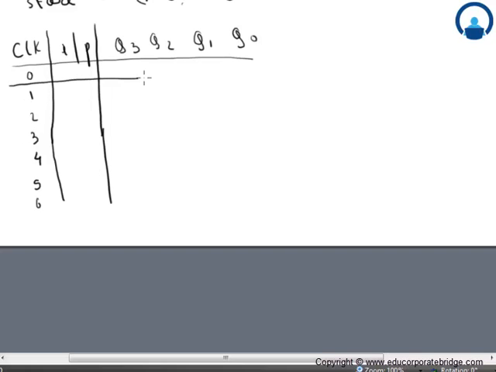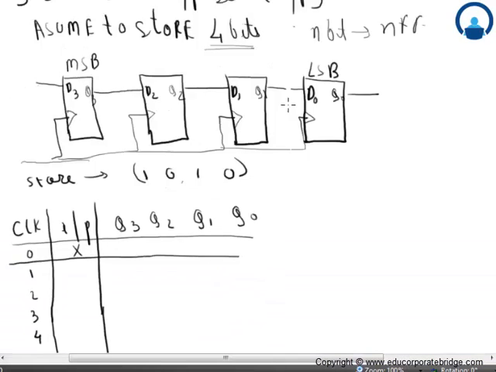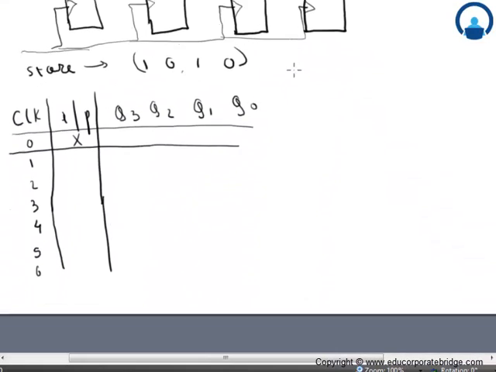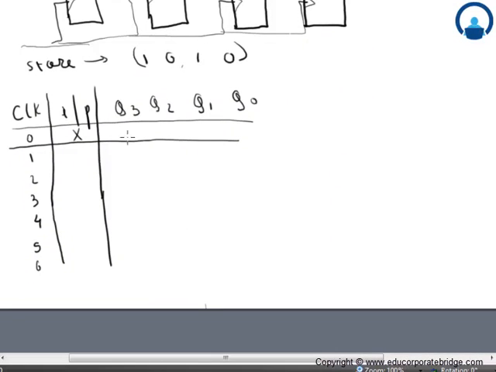This is the initial stage where the clock pulse is not applied, therefore input is not applied. Let us assume that the initial state of all the flip-flops is 0, 0, 0, 0. When the first clock pulse is applied, we give the input as this bit first.